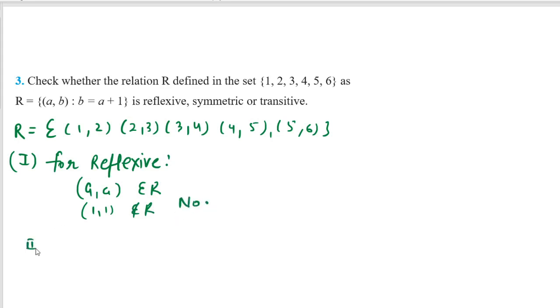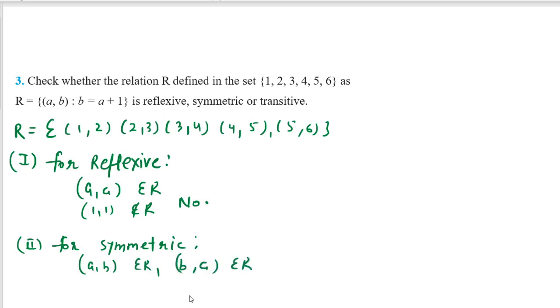Now the second part, for symmetric. What is the condition of symmetric? Children, if I talk about symmetric, the condition is that a comma b belongs to R and b comma a belongs to R. If these two belong to R, then you can say it is symmetric.